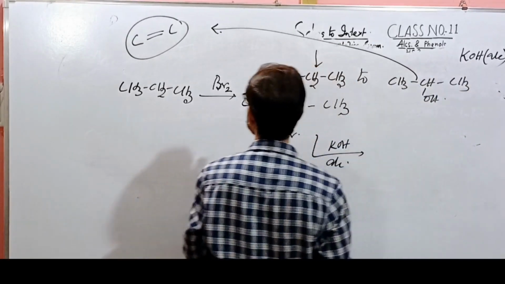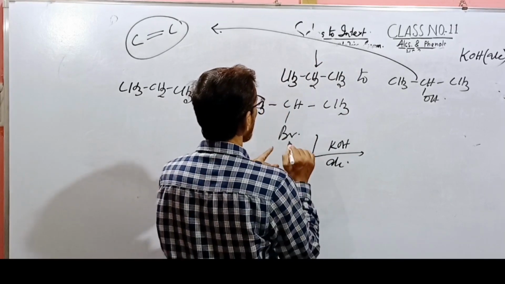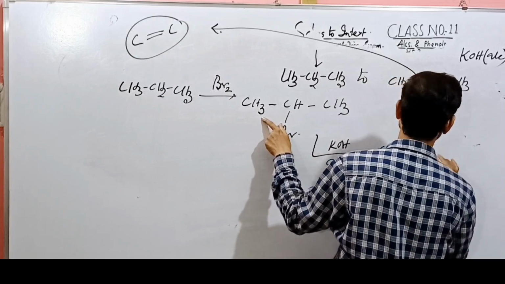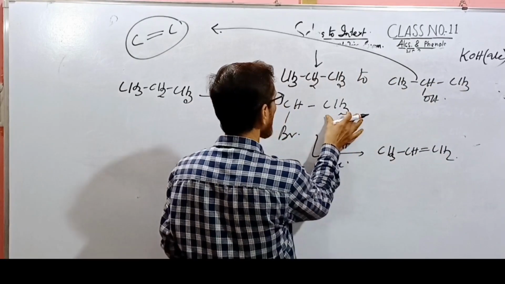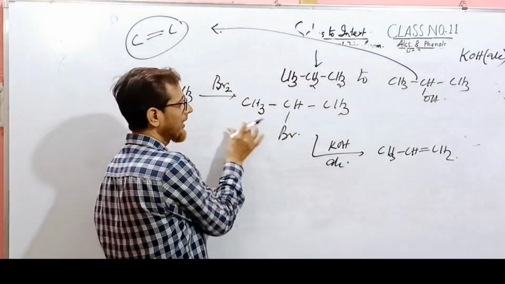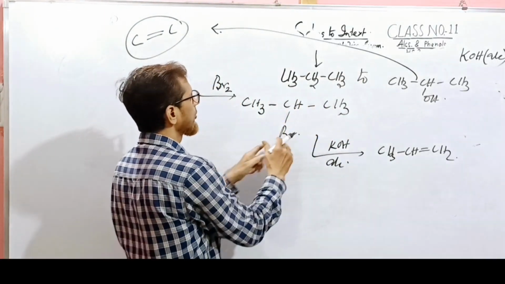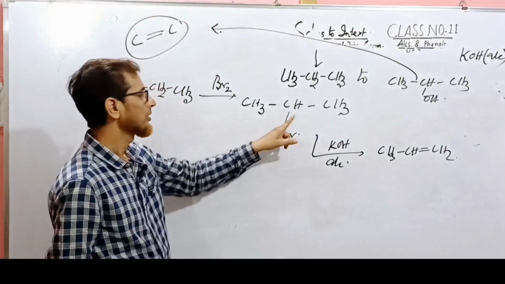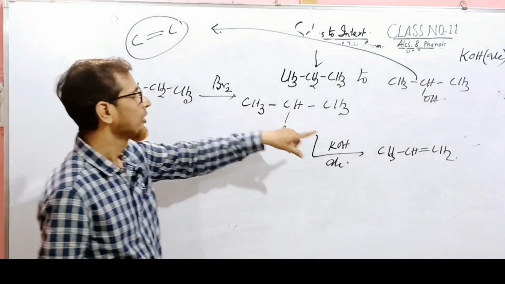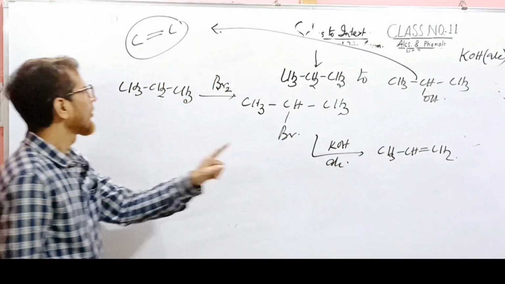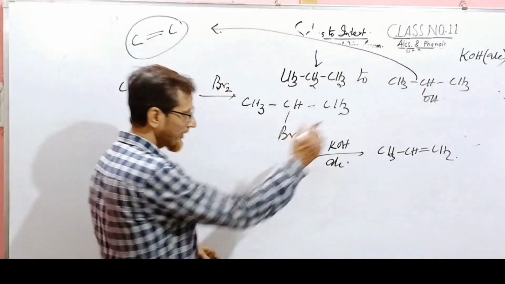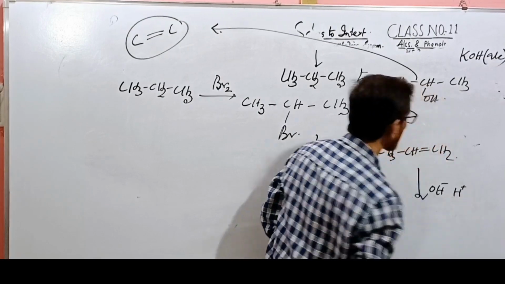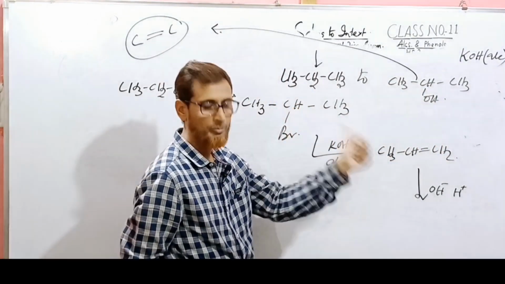So what will happen here is CH3 CH double bond CH2: one hydrogen from here or one hydrogen from here and the bromine come out, both cases the same, and we get the alkene. Now when alkene is there, we make acid hydrolysis, following Markovnikov rule.